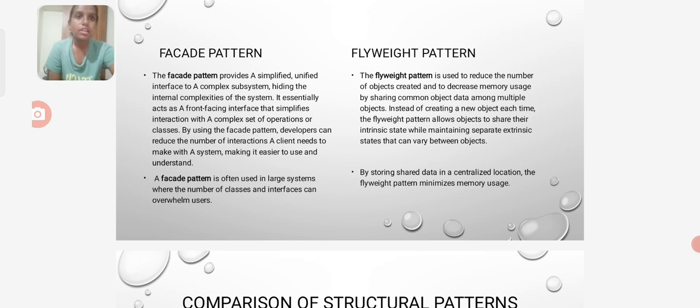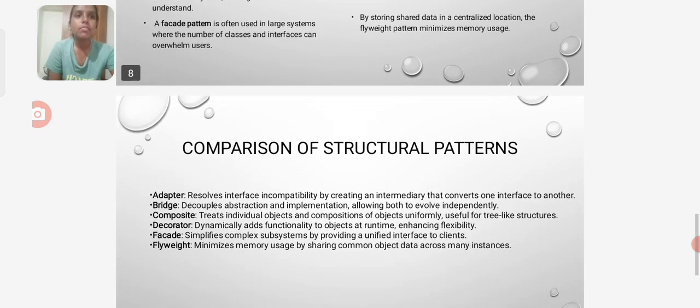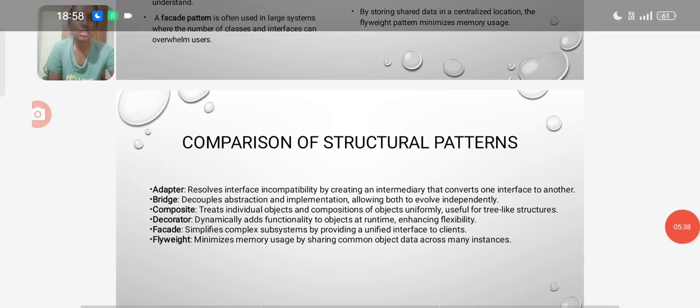The flyweight pattern is used to reduce the number of objects created and to decrease memory usage by sharing common object data among multiple objects. Instead of creating a new object each time, the flyweight pattern allows objects to share their behavior while maintaining separate intrinsic state that can vary between objects.